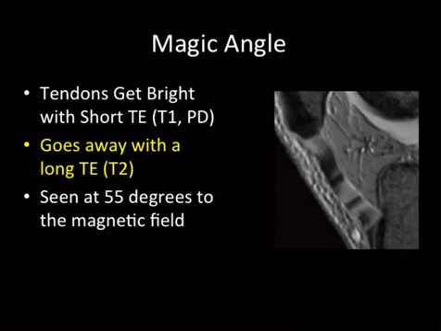So take-home points: long echo time goes away. You see it with short echo times. T2 is what you're going to use to verify if it's real or not. It should go away on T2. 55 degrees is the magic number for the magic angle, and a higher field strength will have less magic angle.